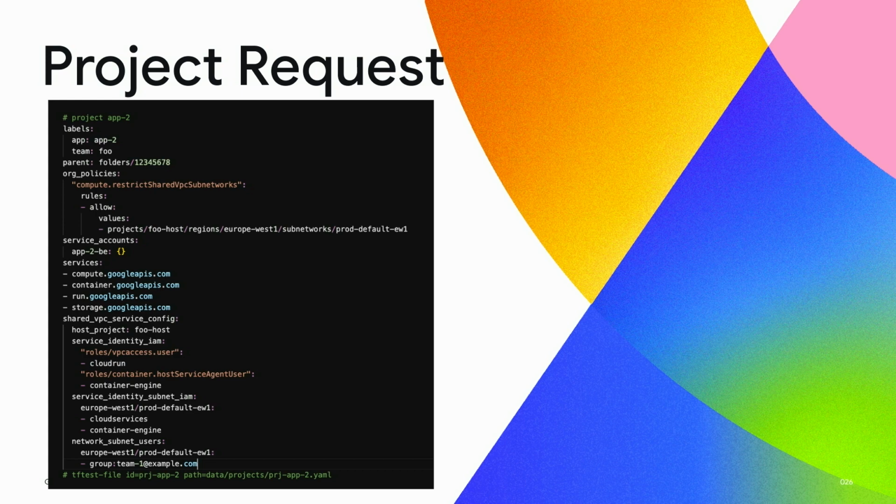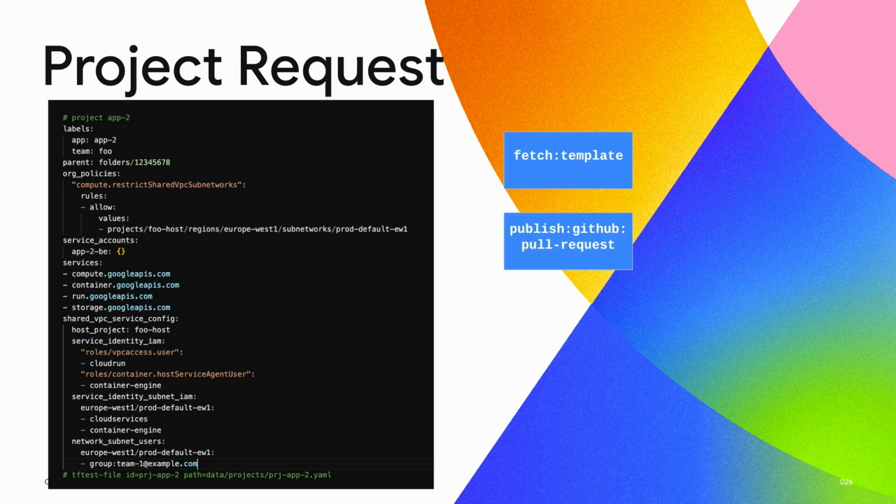So when you create a project, all you have to do is define this YAML definition. You can enable API services. You can provision subnet IAM users, create service accounts, et cetera, and provide roles. And for anyone who has used Backstage templates, you probably know where this is leading to. It's just fetch template with parameterization and a pull request.